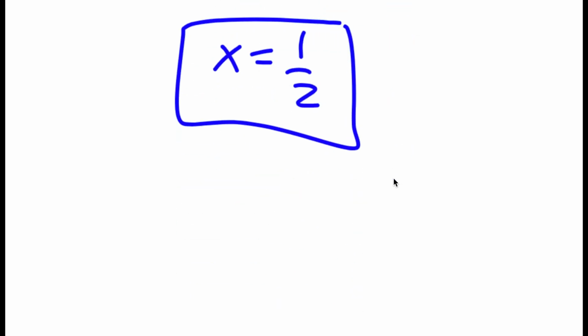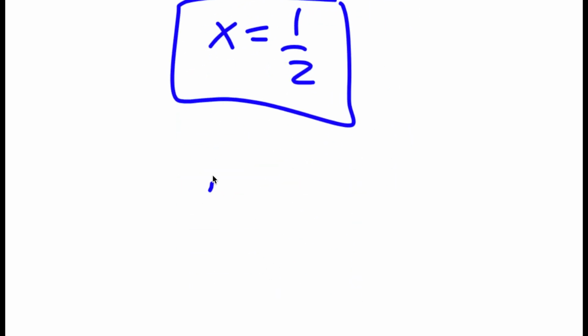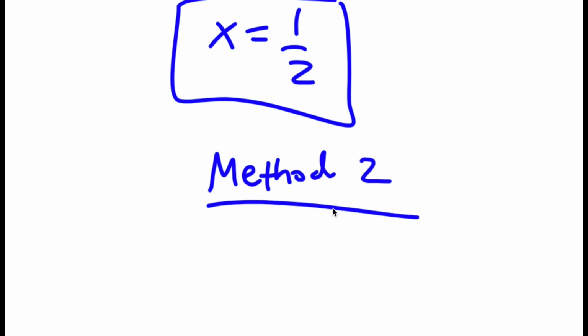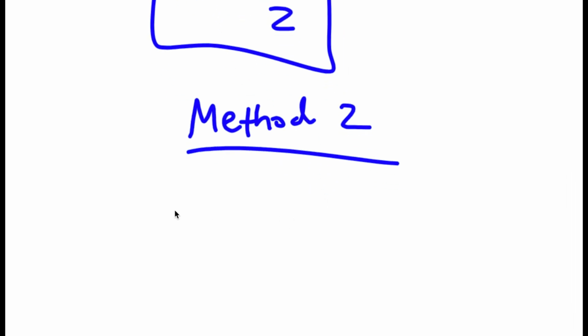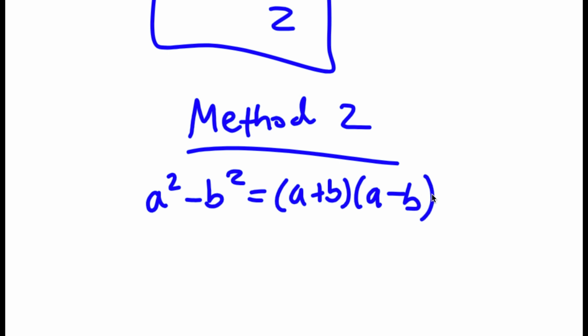Now my second method for solving this problem. If I have something in the form a squared minus b squared, this is equal to a plus b times a minus b.